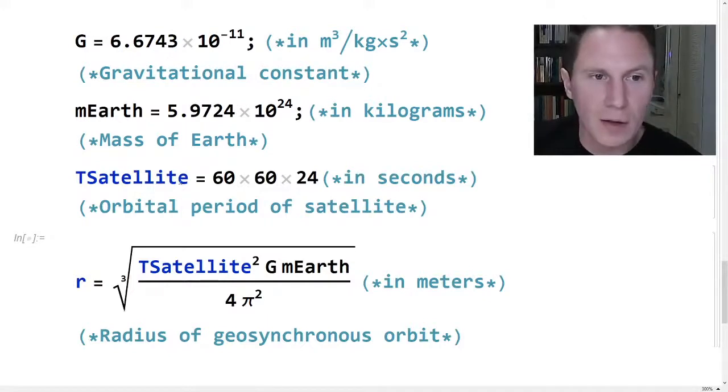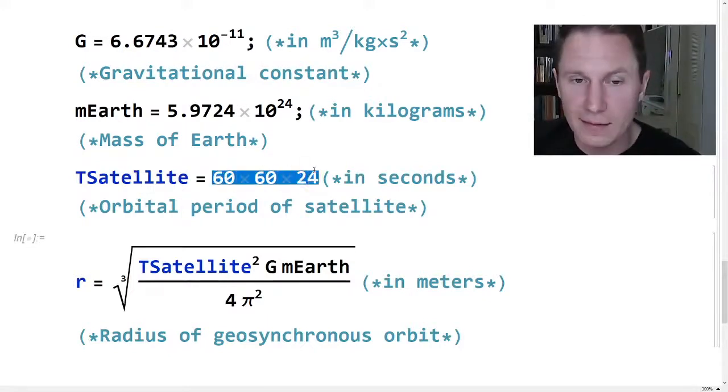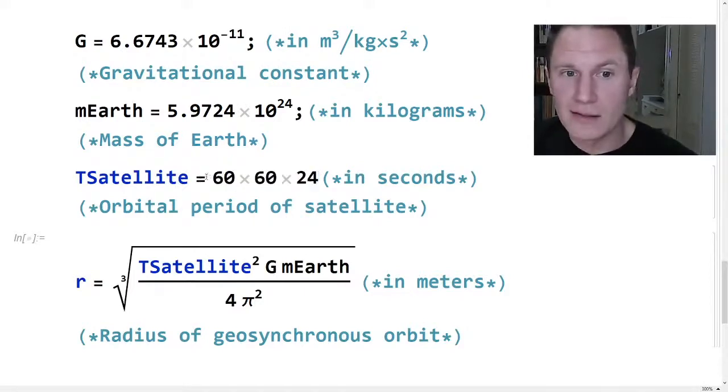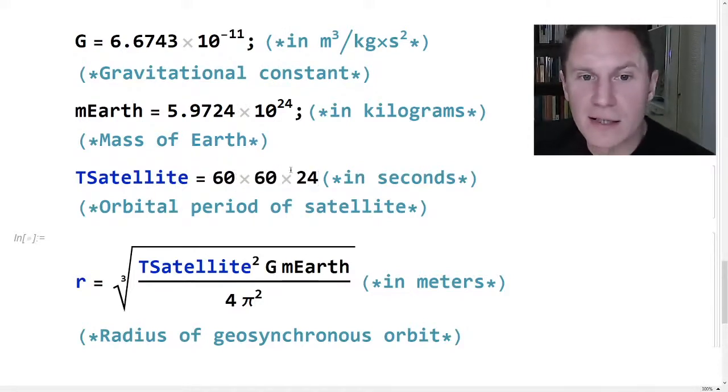So that satellite should have an orbital period of a day. Given in seconds, it's 60 times 60 times 24.